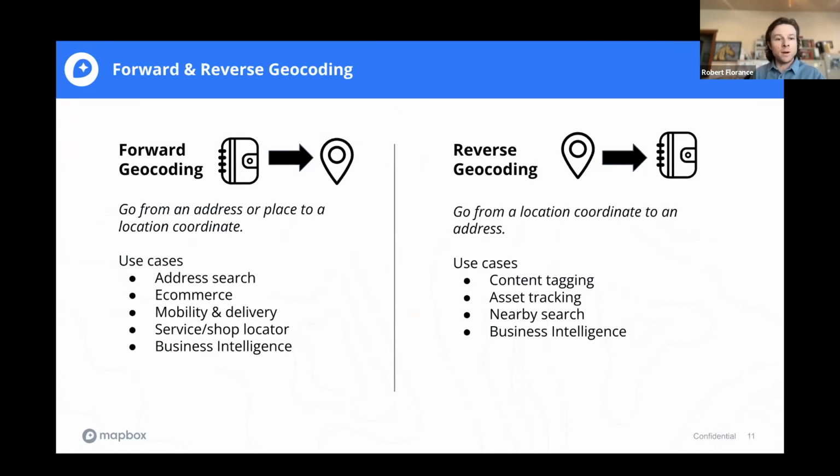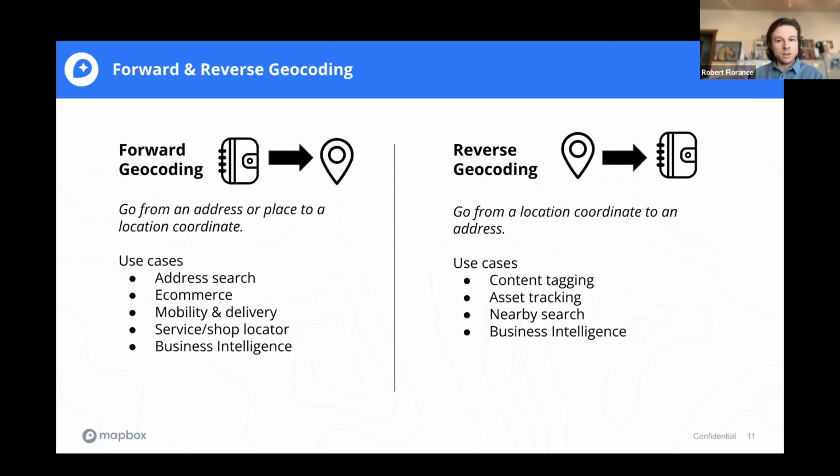This is great if someone needs to register a shipping address or a home address in e-commerce, if you need to deliver packages or food to someone's address, if someone needs to find a shop or service near them, or in business intelligence use cases. Forward geocoding is very useful.